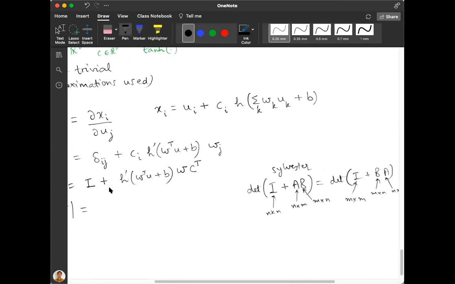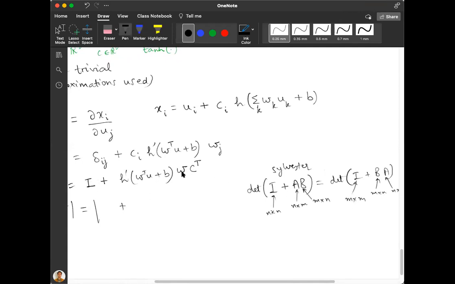Yes. So basically you will be converting this into c transpose w, right? c transpose will come to the left-hand side. So this becomes plus something. Now what is this something? This is m cross m.